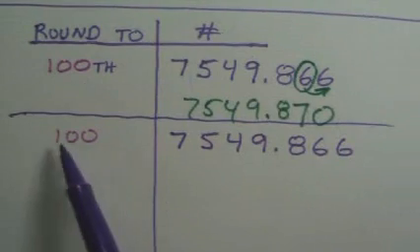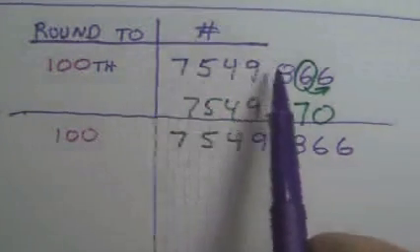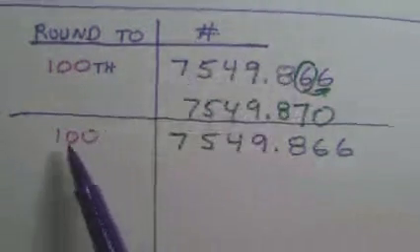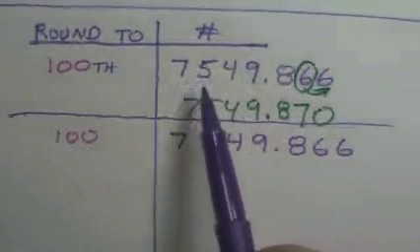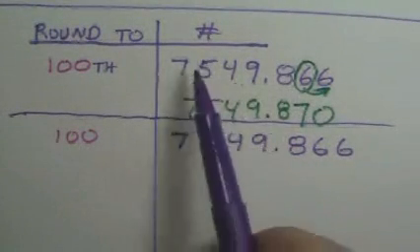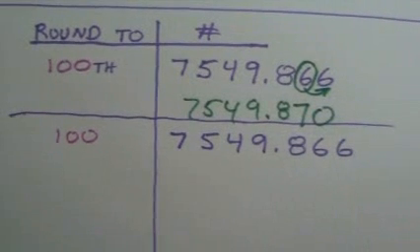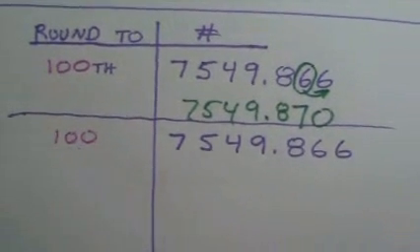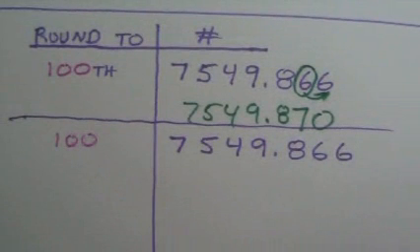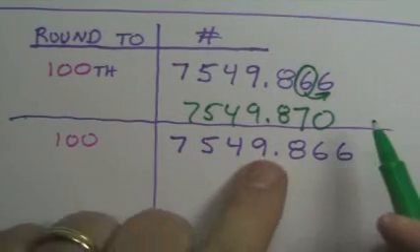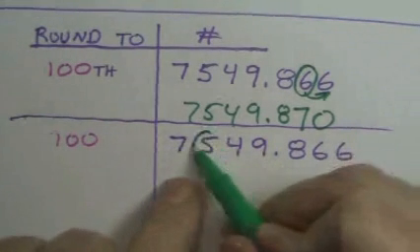Okay, this time we're going to round off to the hundreds, and we're going to do the same number we started off with. So remember, it was 7549.866. We're going to round off to the hundreds. So our first step is to find the column. Ones, tens, hundreds. Circle the number.